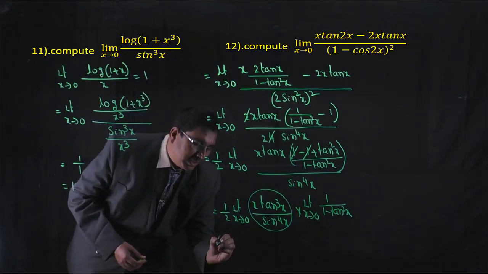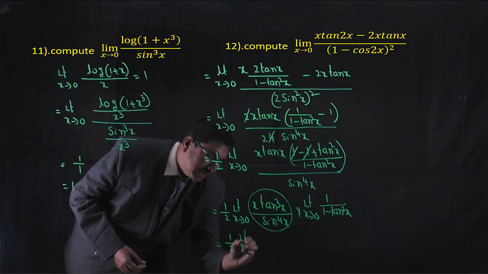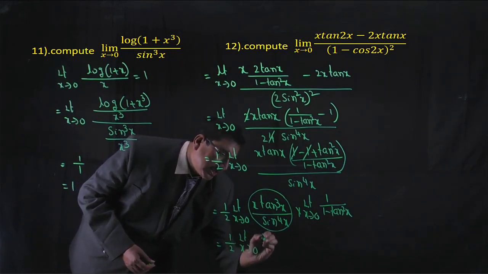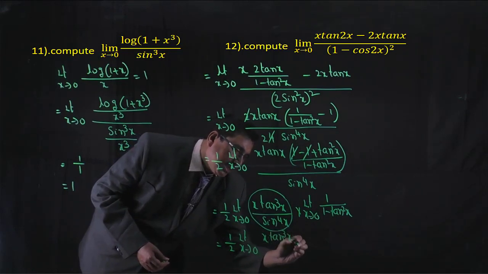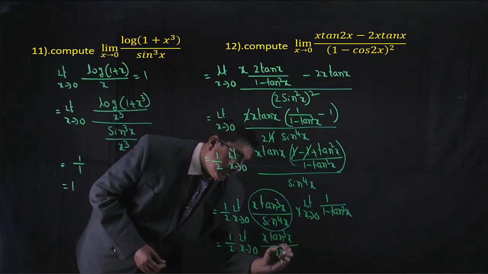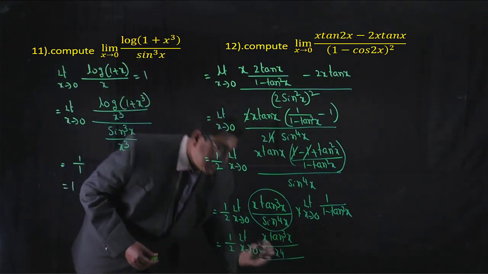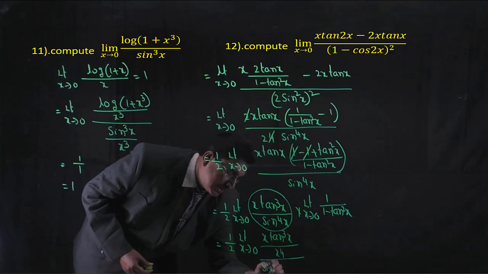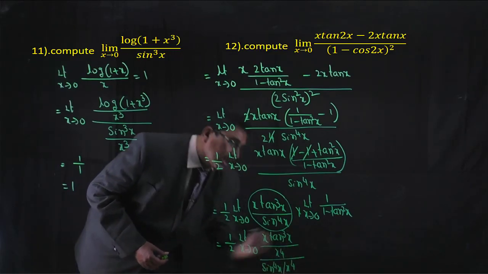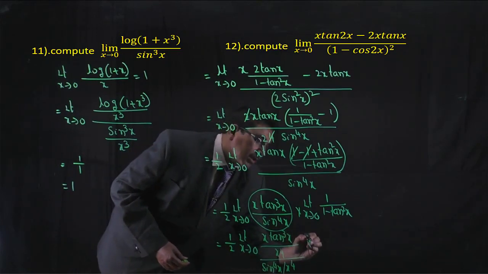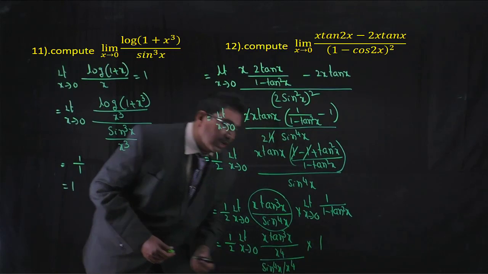That is equal to 1 by 2 into limit x tending to 0, x into tan cube x divided by x power 4, divided by sine power 4x divided by x power 4, into, by applying the limit to this function, that is equal to 1.